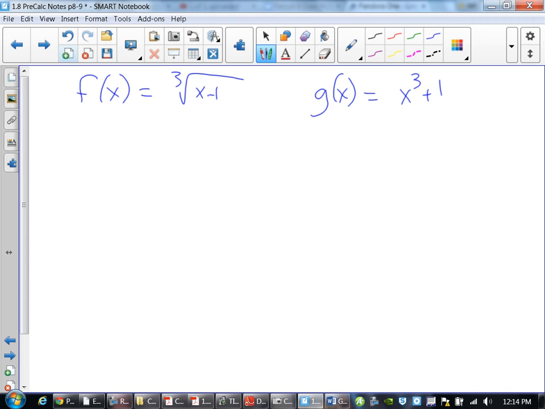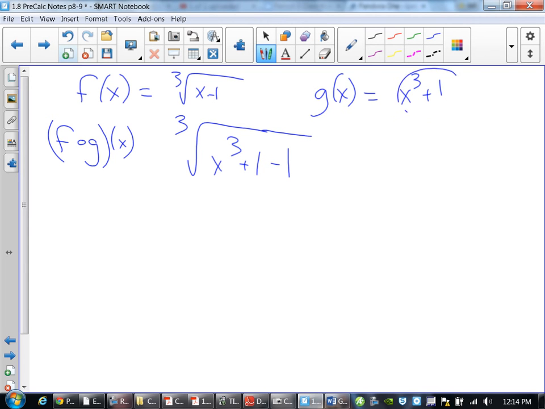So they're asking you in part A for f of g of x, which means take the g of x equation and substitute in that for x in the f of x equation. The g of x equation is x cubed plus 1. Now I'm going to surround that with all the stuff in the f equation, which is the cube root, and then I have a minus 1.